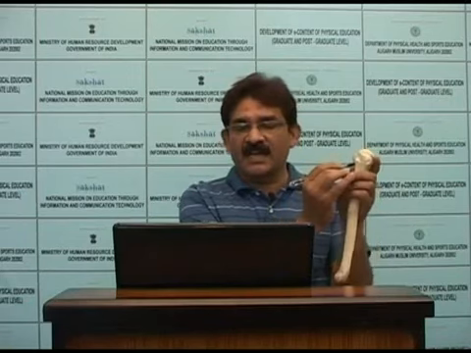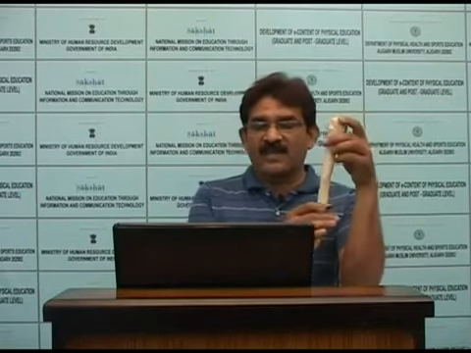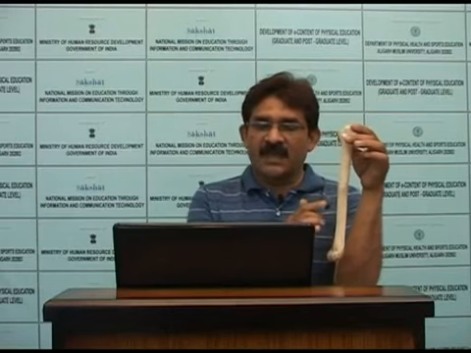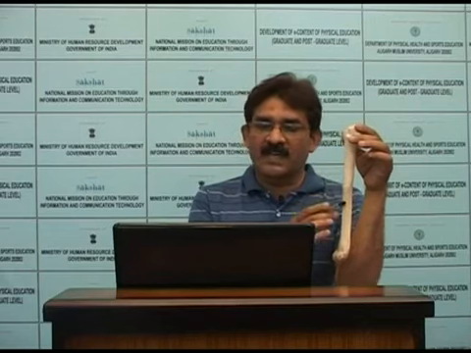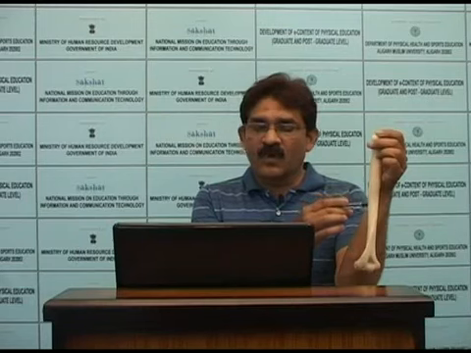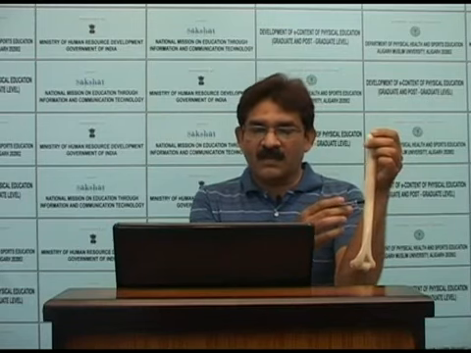Shaft: deltoid tuberosity on the lateral surface, and a groove for the radial nerve.